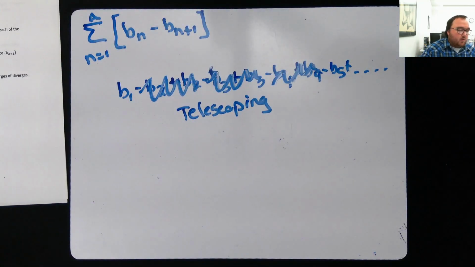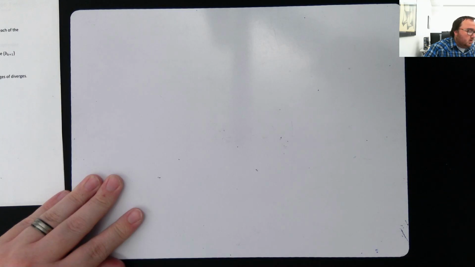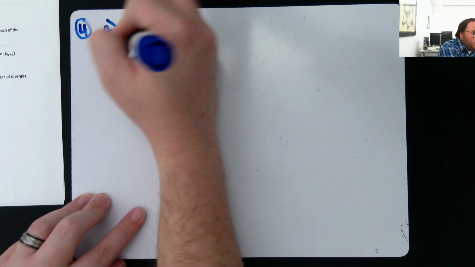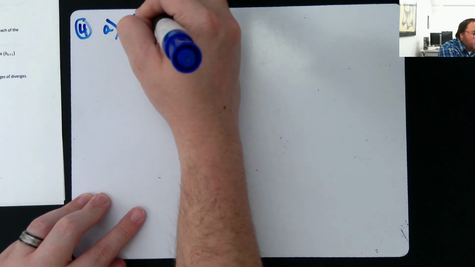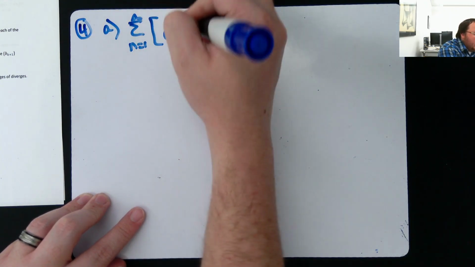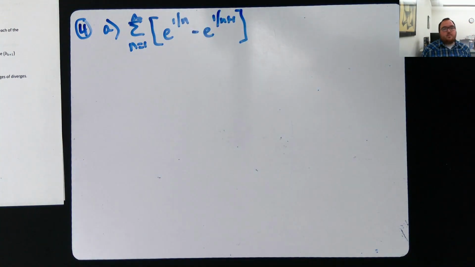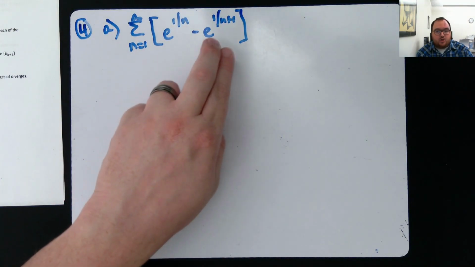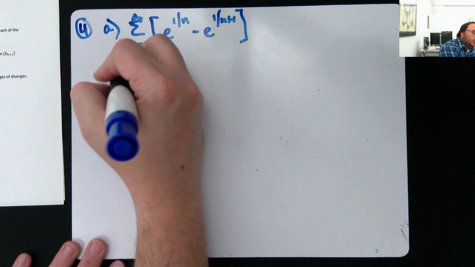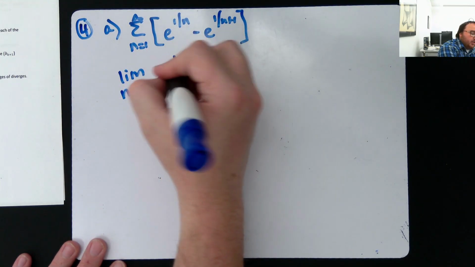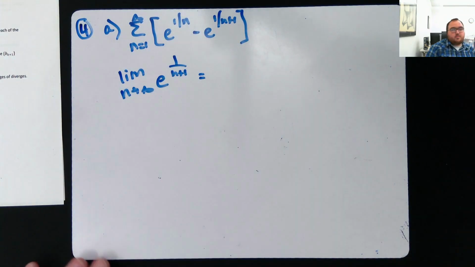So, example 4a, the sum from n equals 1 to infinity of e to the 1 over n minus e to the 1 over n plus 1. So what I'm going to do is look at what happens on the last term. So the limit as n goes to infinity of e to the 1 over n plus 1.